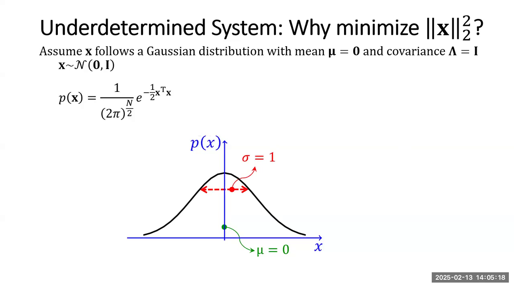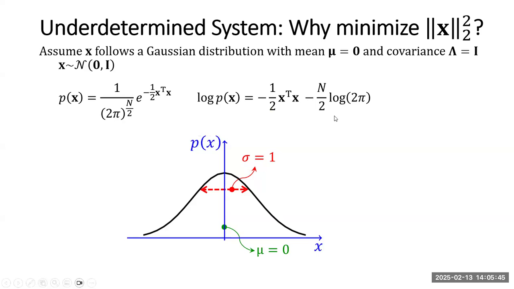This is the multivariate Gaussian distribution in n dimensions, with the identity matrix as the covariance matrix and mu being 0.